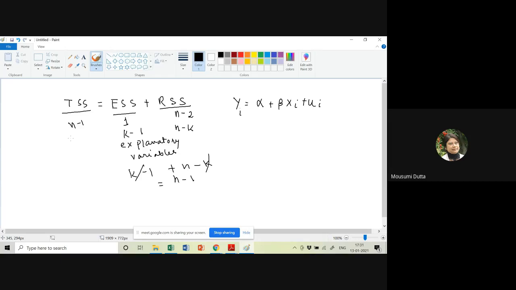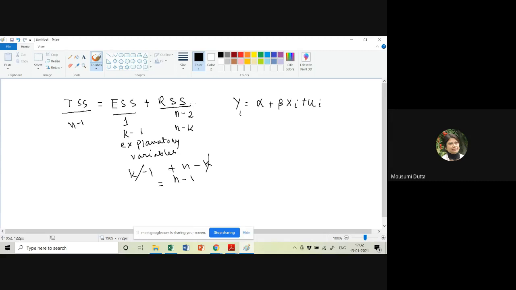Since you have one explanatory variable, you have 1 degree of freedom. And for RSS, you are getting n-2 because you have n observations in your hand. Using n observations, you need to estimate 2 unknown parameters, alpha and beta. Because you are losing one to calculate beta and another to calculate alpha.